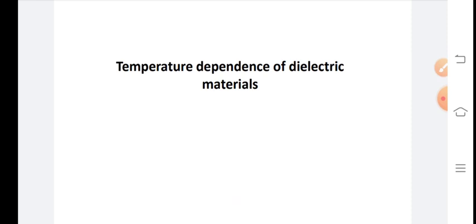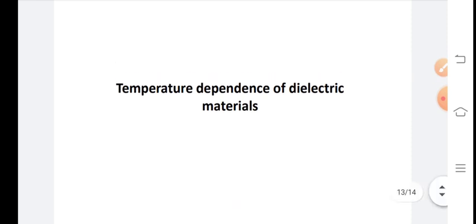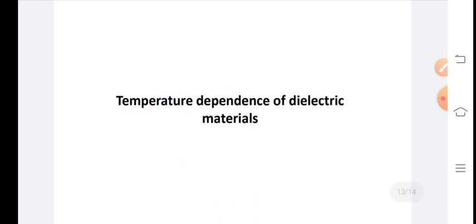The other types of polarization, electronic polarization and ionic polarization, are not affected by temperature. Thus the value of dielectric constant remains unchanged with change in temperature. Only the orientation polarization strongly depends on temperature, not the electronic and ionic polarization.